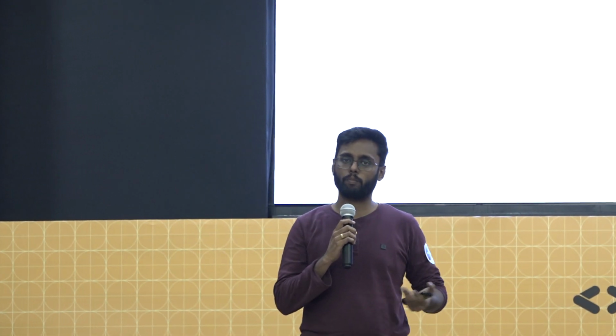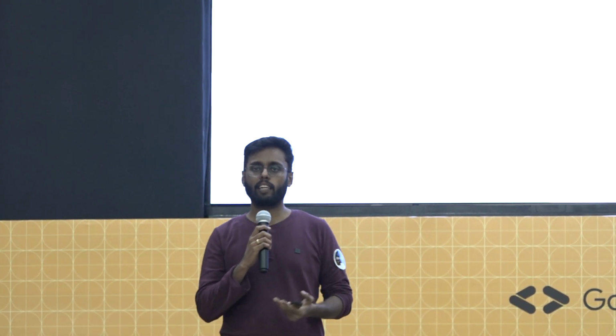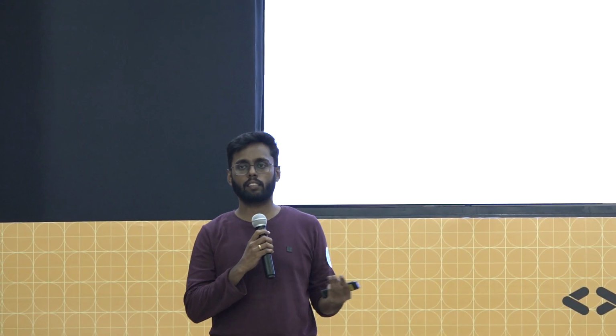So the intent of this talk is to speak about the challenges that we have in LLMs, large language models. We'll first try to understand what the challenges are with large language models, and we'll also discuss some of the techniques for overcoming those challenges.